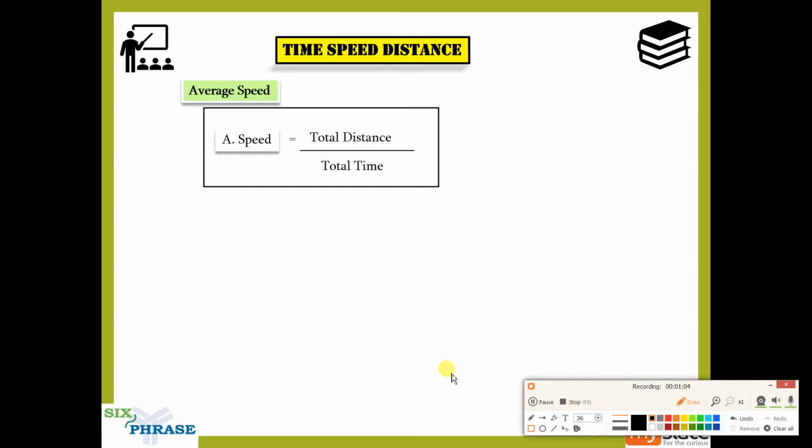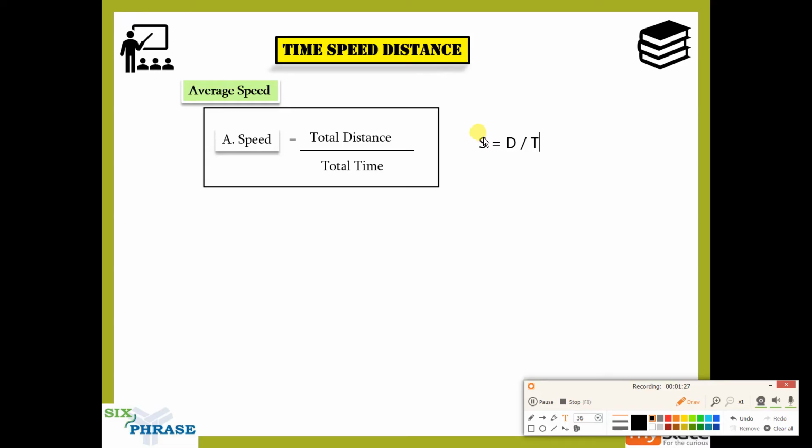When average speed is equal to total distance by total time, you know this formula already, right? You know speed is equal to distance by time. So it is actually the same thing.